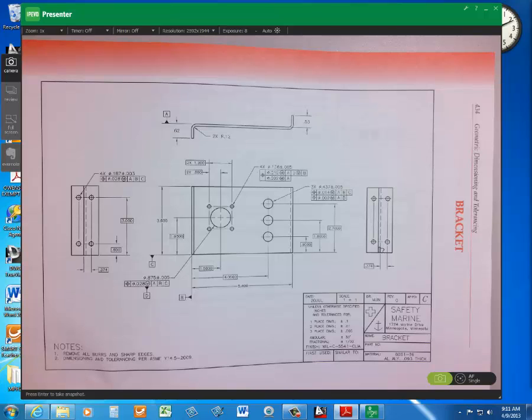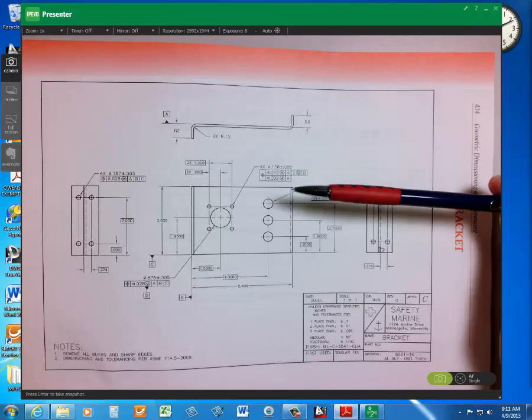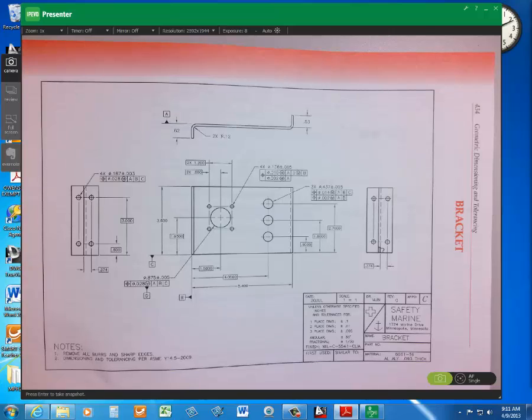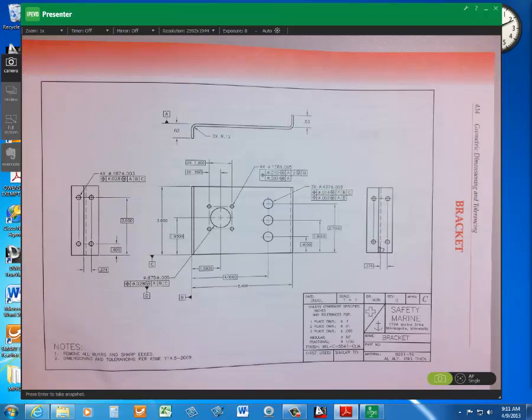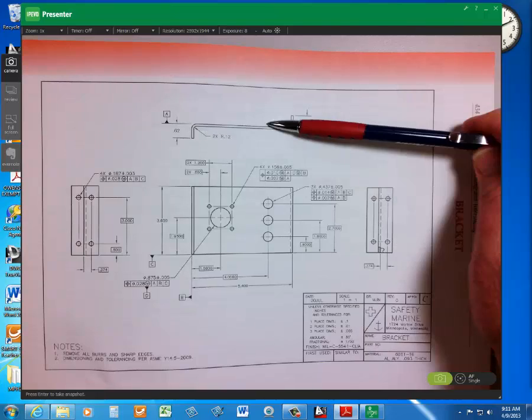All right. Then the next thing, the lower feature control frame, is a feature relating tolerance at 2 thousandths relative to datum A. Okay, so perpendicular to A, right? Let's see. Where's A? Oh, A is the back of the part.